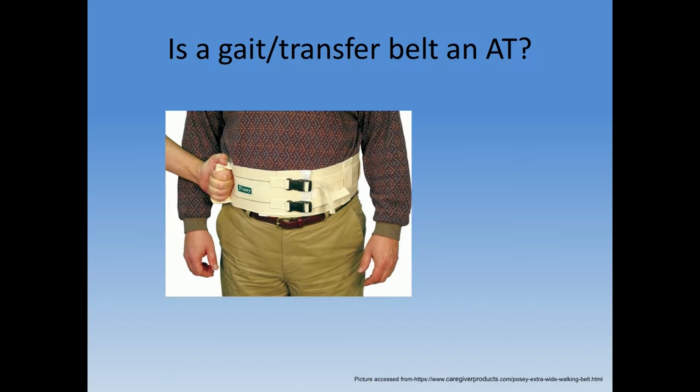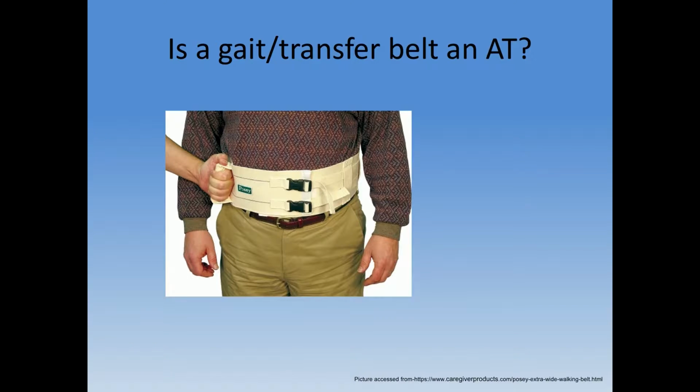Would you say this is an assistive device in any way? Thank you, yes. It helps the caregiver or the therapist or the aide and not the person. So the facility owns the device, right? So that's what we call a therapeutic device or a rehabilitation device. It's not an assistive device.